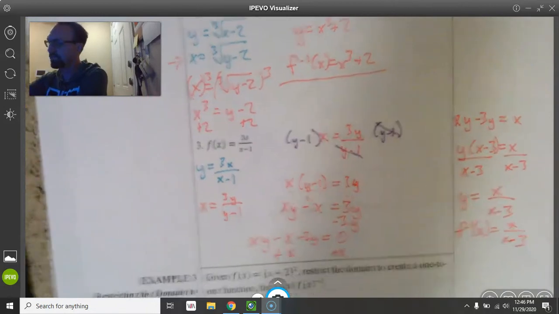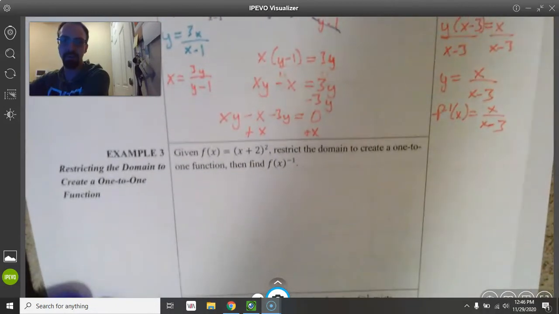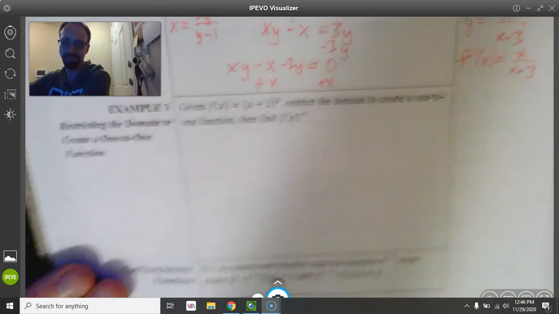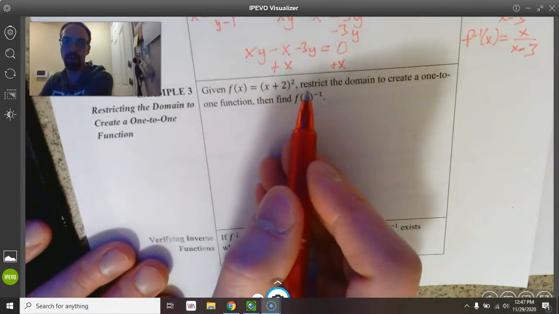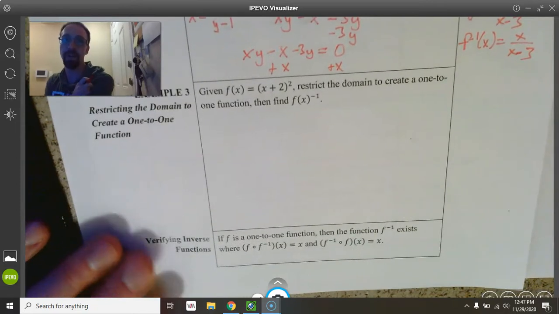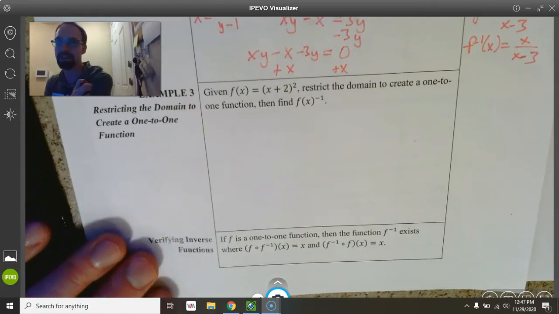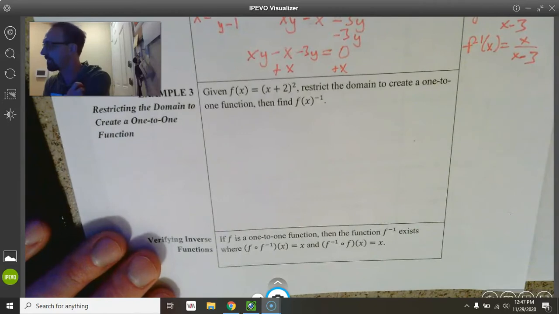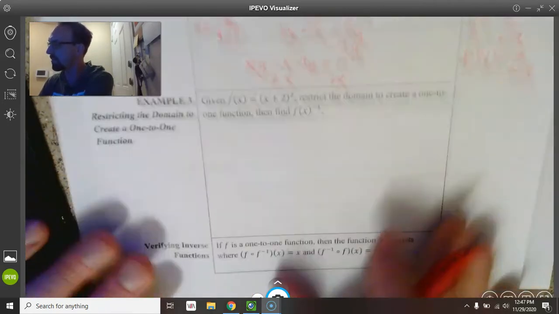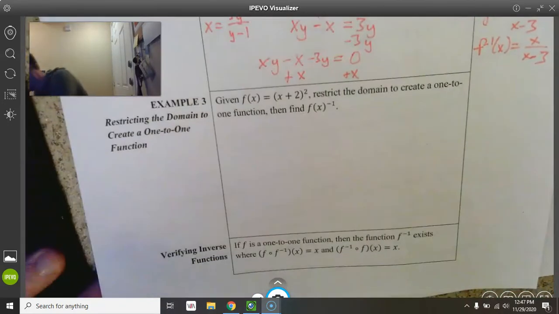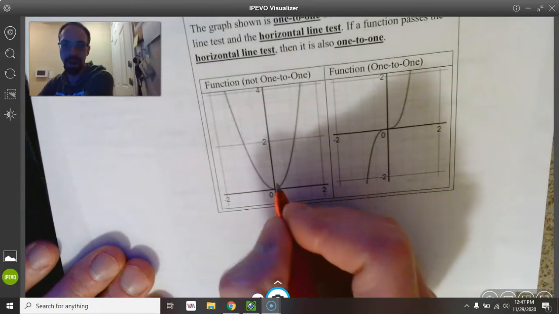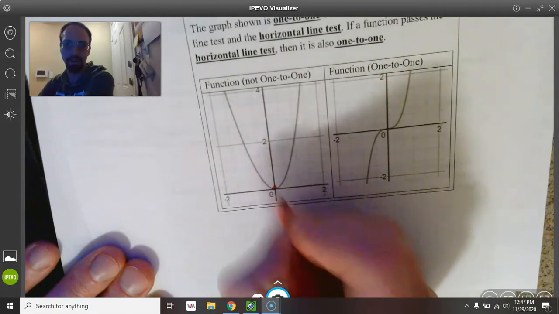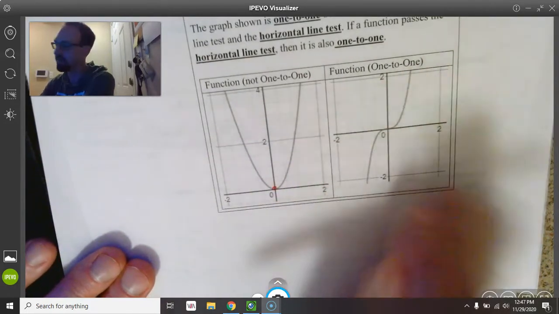Now in some cases we have a situation where we need to restrict the domain. So here I have f of x equals x plus 2 quantity squared. Restrict the domain to create a one-to-one function and then find the f inverse of x. If you think about this particular graph, this is a quadratic, and similar to the quadratic that we talked about from earlier, it's not one-to-one at the vertex, wherever that vertex is.